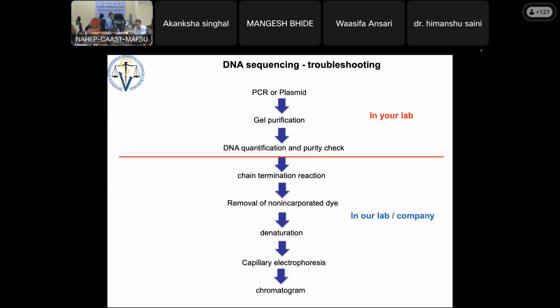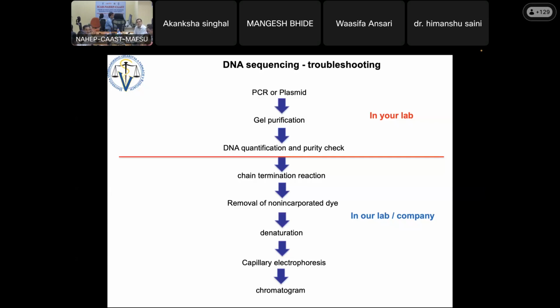If you follow all the instructions, and you send your DNA pure, 1.8, very good peak, you cut only a single band, there are no primer dimers and so on, then 99.9% you're on the right side. If you don't get the sequencing, then the problem is at the company side.